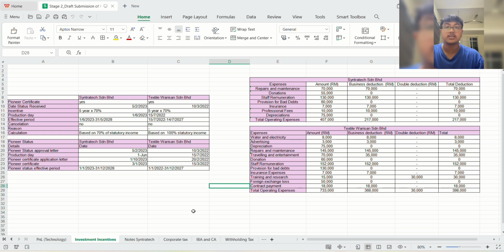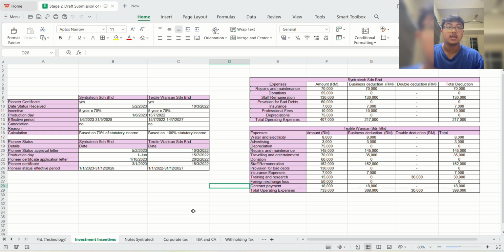In terms of operation expenditures, Sintratech Sdn Bhd recorded a total of RM217,000 in allowable business deductions, mainly comprising staff remuneration, repairs and maintenance, insurance and other administrative expenses.